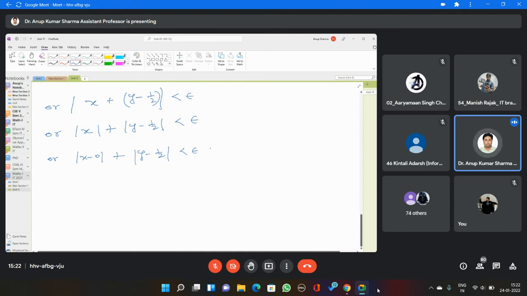So in this case, we have to separate this out. We equally distribute this: mod of x minus 0 less than epsilon by 2, and mod of y minus half less than epsilon by 2.